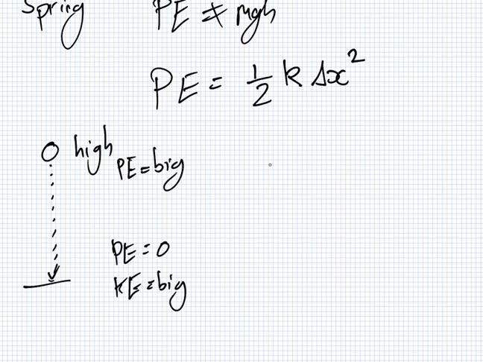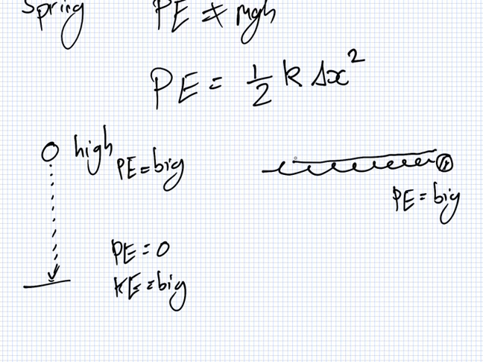The same for the spring. If you pull the spring really, really far, it has lots of potential energy. And then when you let go and the spring snaps back, here the potential energy will be zero, but the kinetic energy now will be really, really big, because all of this gets changed into that.